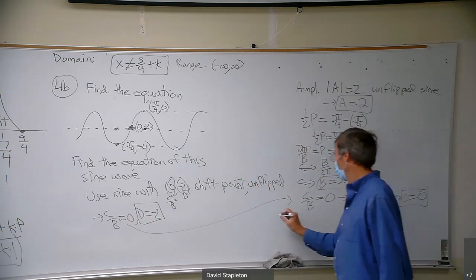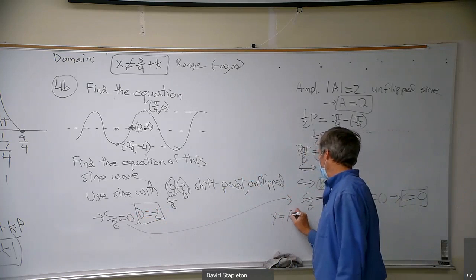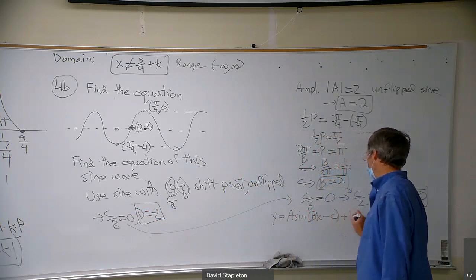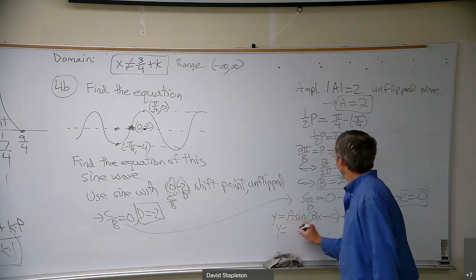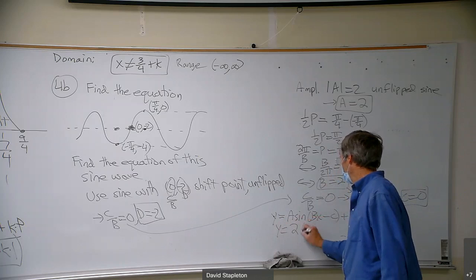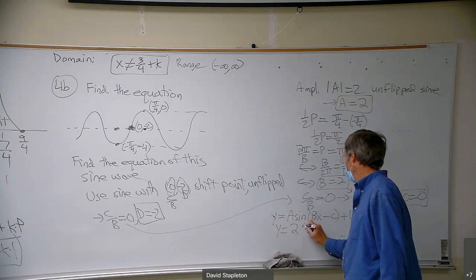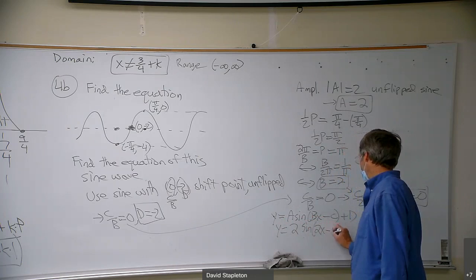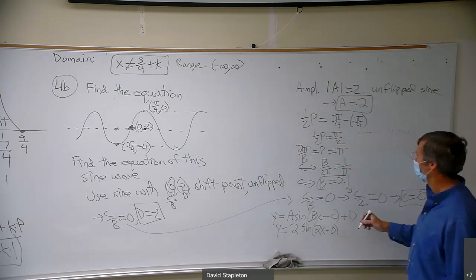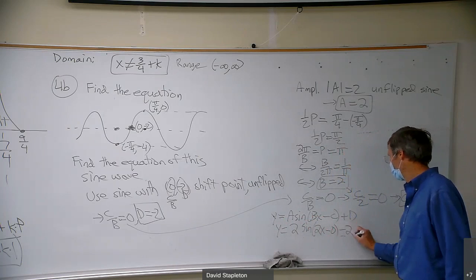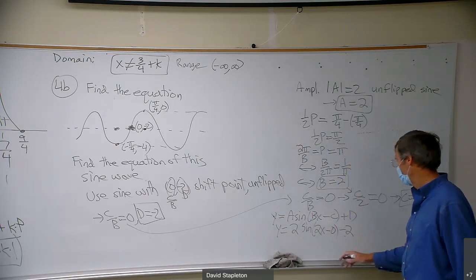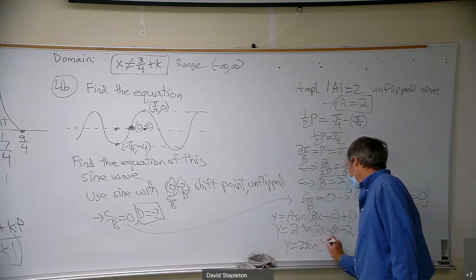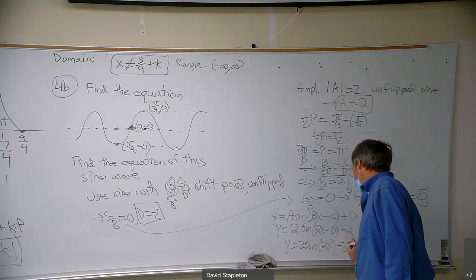I just write y equals a sine of bx minus c, plus d is the general form, with a equal 2, b equal 2, c equals 0, and d equal minus 2. There it is. Y equals lots of 2's. Y equals 2 sine 2x minus 2 is how it simplifies.